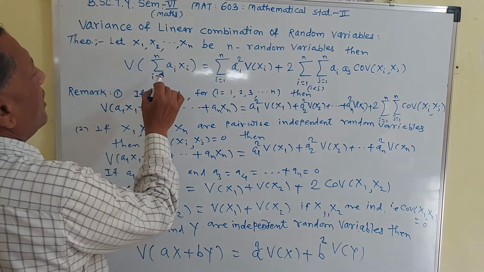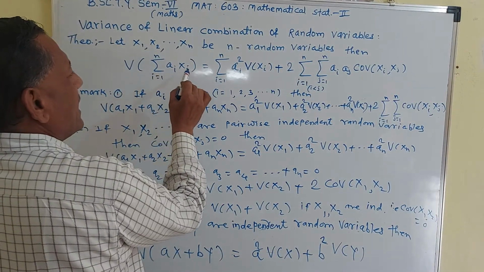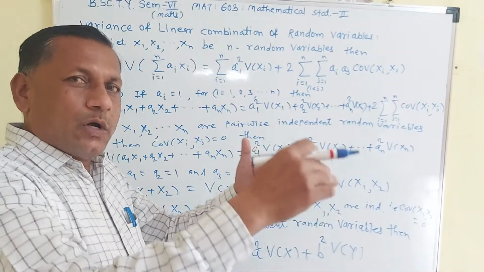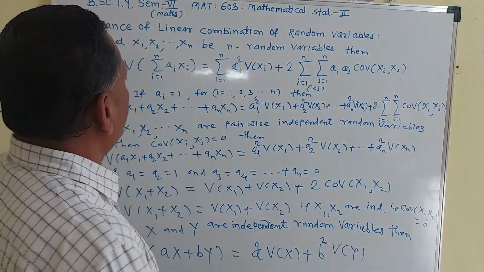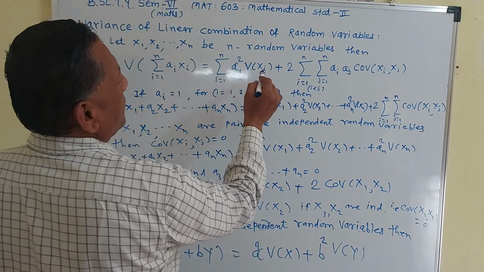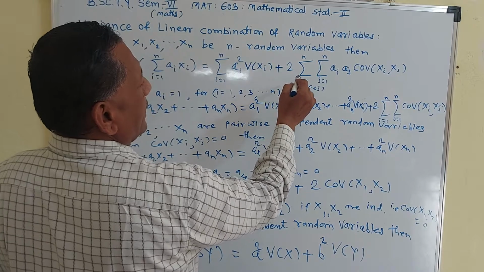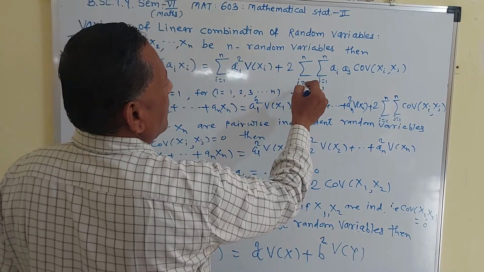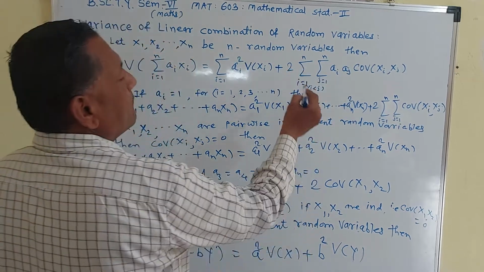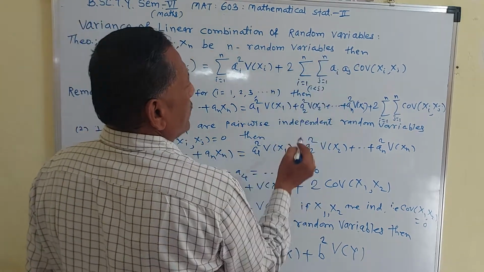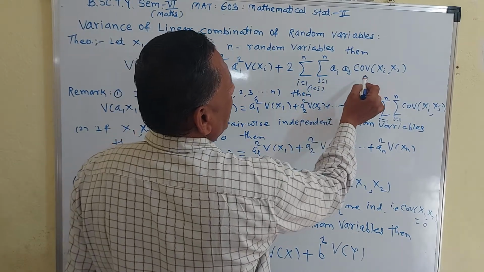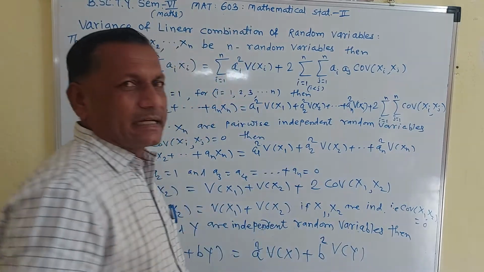Then variance of summation of ai Xi, or variance of a1 X1 plus a2 X2 plus ... plus an Xn, is equal to summation of ai square into variance of Xi plus 2 into double summation of ai aj, where i is going from 1 to n and j is going from 1 to n, here i less than j, ai aj into covariance of Xi Xj.